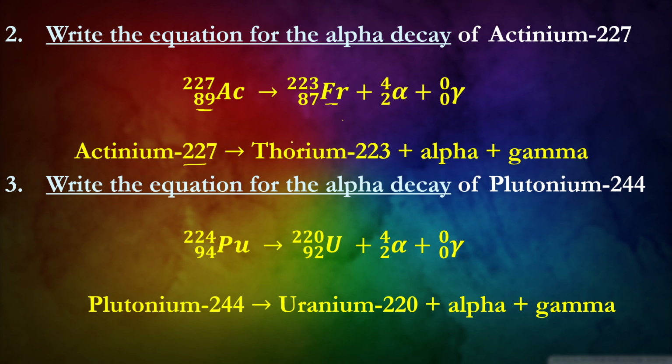I will just quickly change this little error here. So we have francium 223, alpha, and then the gamma ray. Here we have plutonium 244. Little errors here and there, do excuse. So we have plutonium 244, and then we have uranium 240 there. Okay, and then we have alpha and then gamma as well. All right.